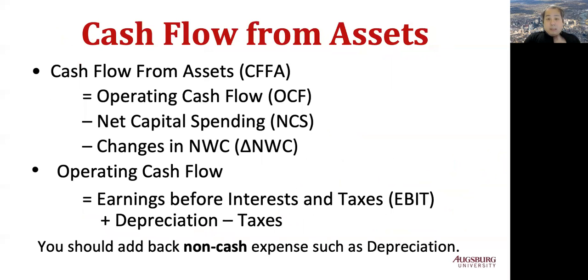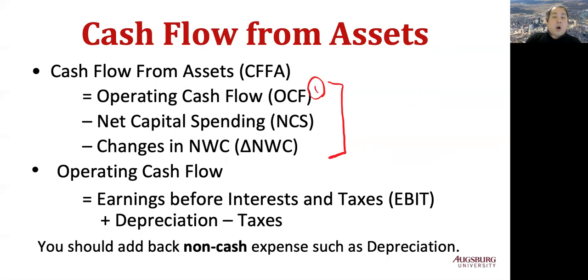Now we start to look at the cash flow from asset. Cash flow from asset has three components. The first component is called operating cash flow, coming from operation. Operation means company's main business.